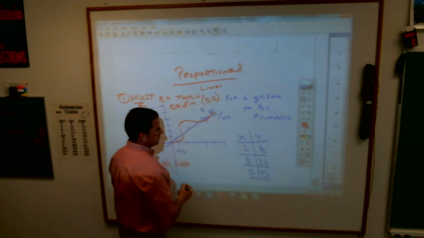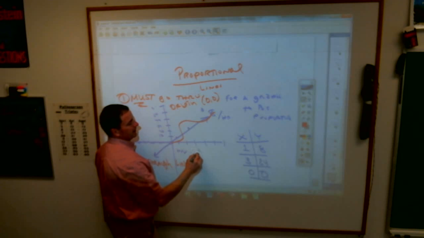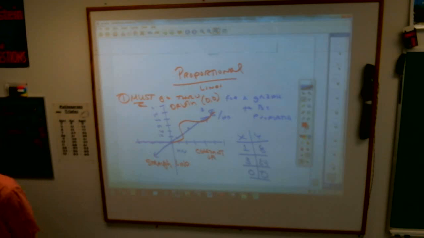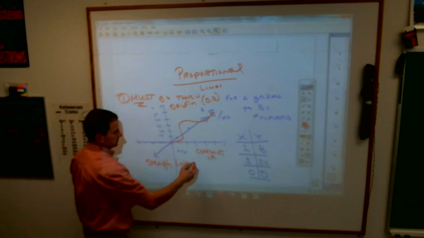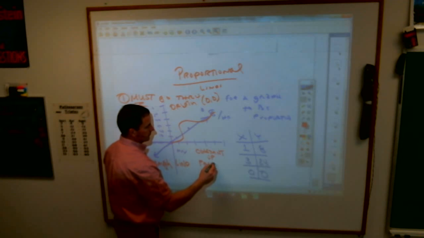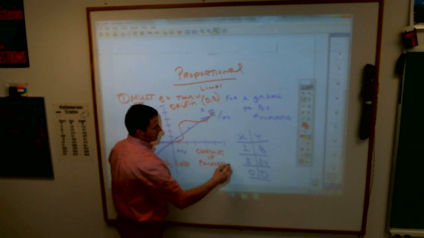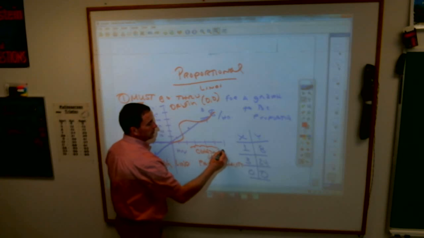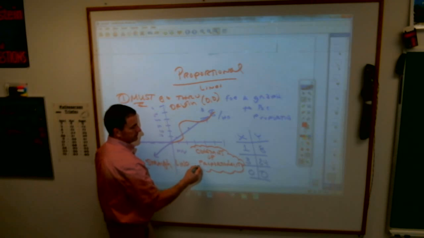And then you must understand there's what's called the constant of proportionality. What is the constant of proportionality?